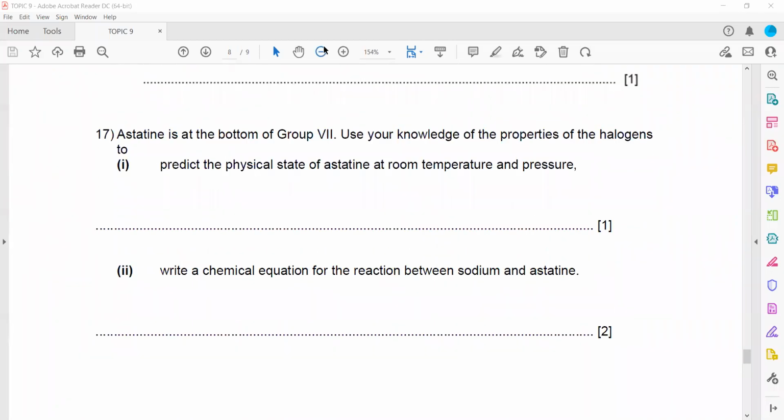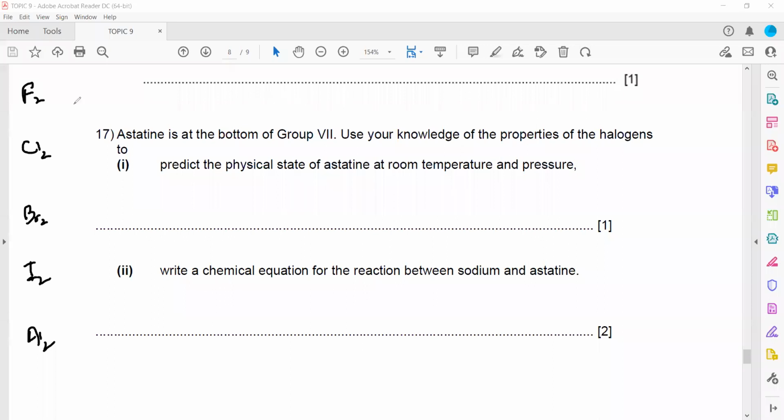Then astatine is at the bottom of the periodic table for group 7. We have to predict the physical state. So we have fluorine, chlorine, bromine, iodine, and then we have astatine.